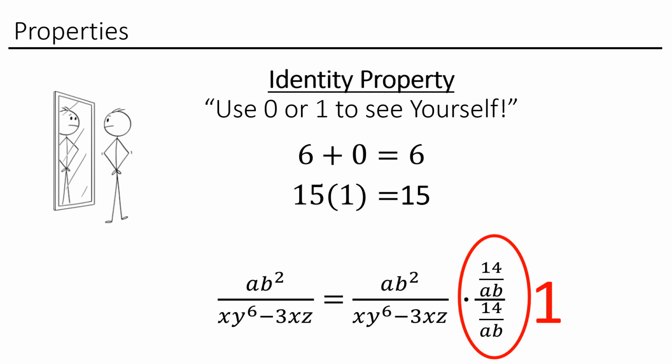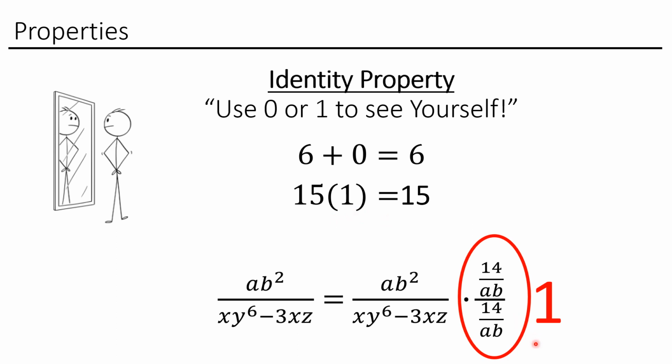So basically, this whole thing right here is basically the identity property as well. Because what I have done is I took some number, albeit it's an ugly number, and I multiplied it by 1, albeit it's an ugly version of 1, but I basically did the same exact thing that I did right here. It's just really ugly.